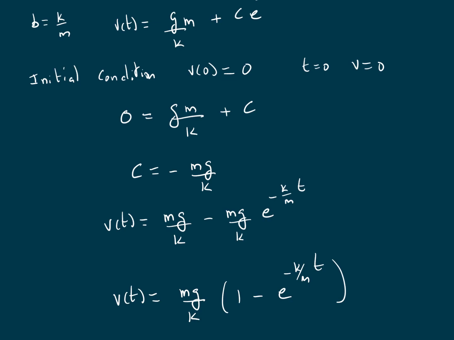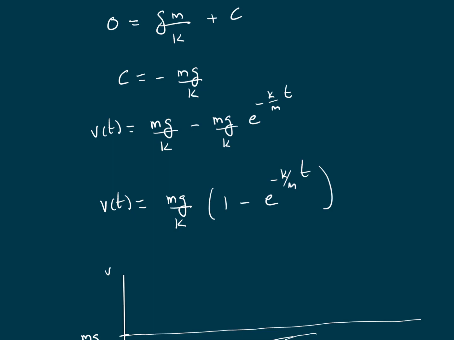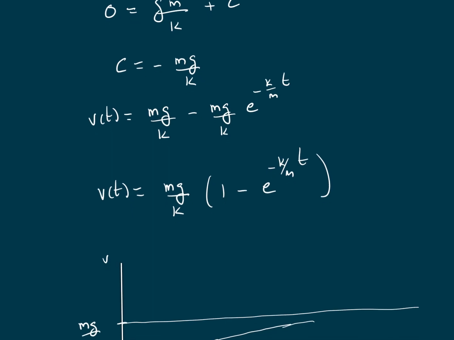So v of t, if you take common factor mg divided by k, will be mg divided by k multiplied by 1 minus e to the minus k over m times t.